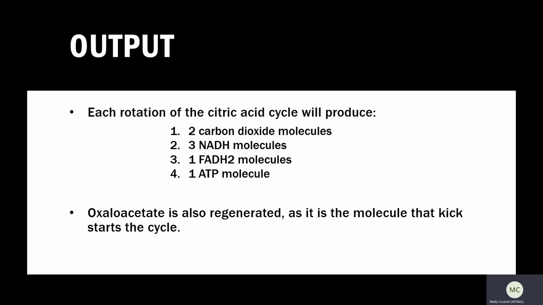While the products of the citric acid cycle are not heavy in ATP or direct energy, they will be used in further steps of cellular respiration to generate further ATP for the body. Oxaloacetate will also be regenerated through the citric acid cycle, as it is the molecule that is necessary to kickstart the cycle and will be combined with acetyl-CoA to restart this process.